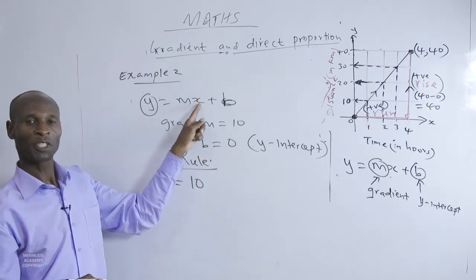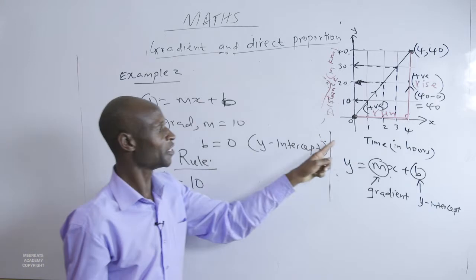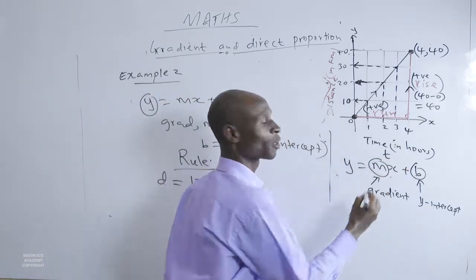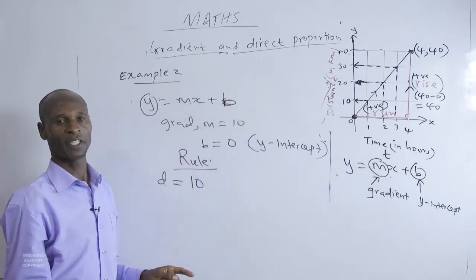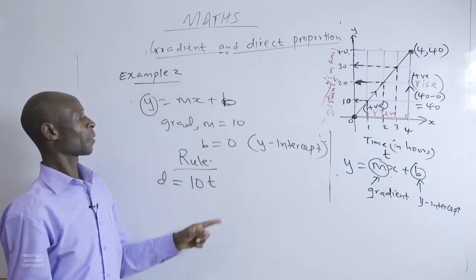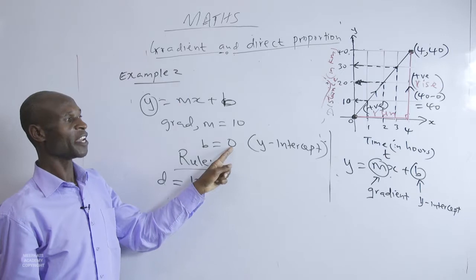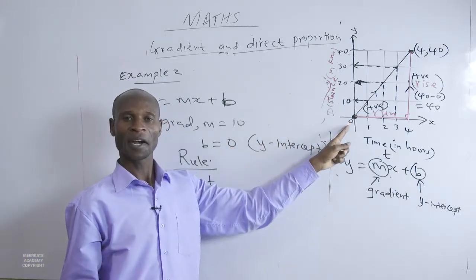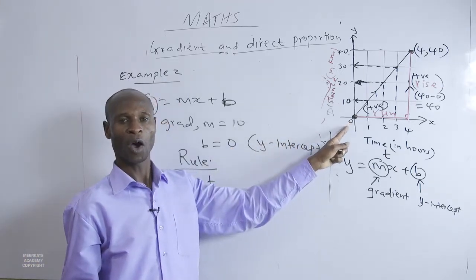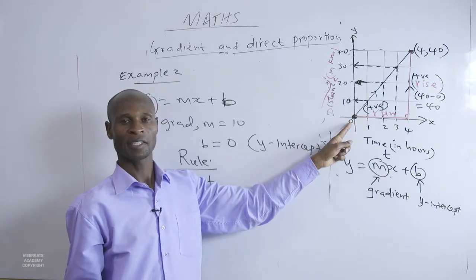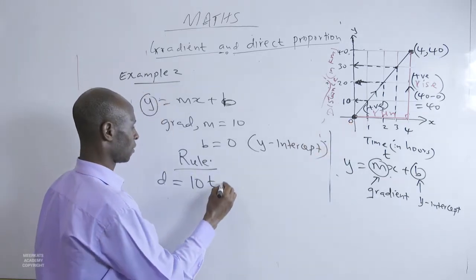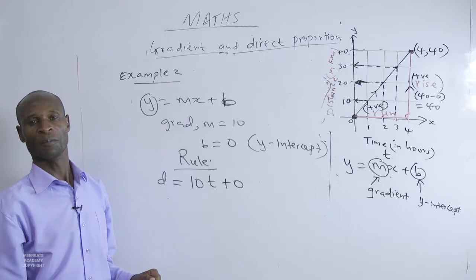The quantity we plotted along the x-axis is time, which is t. So we shall represent it with the letter t. And b is the y-intercept, and in our case, because the graph is passing through the origin, the y-intercept is 0. So plus 0.